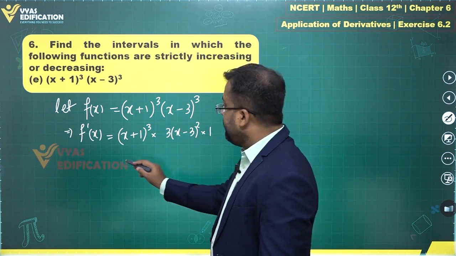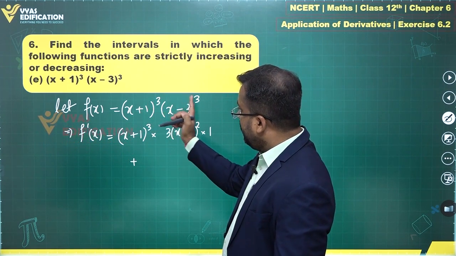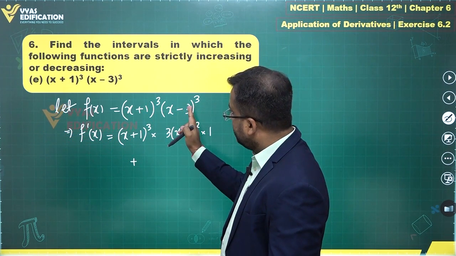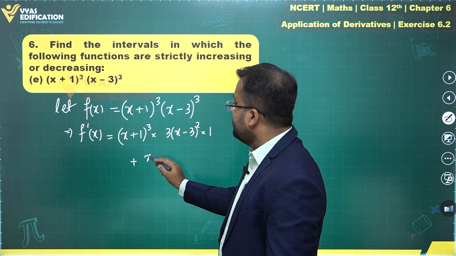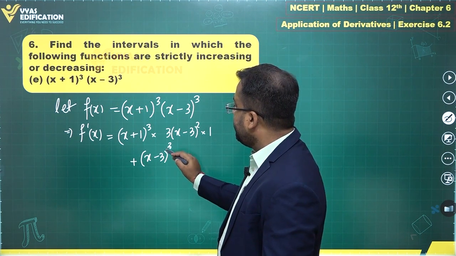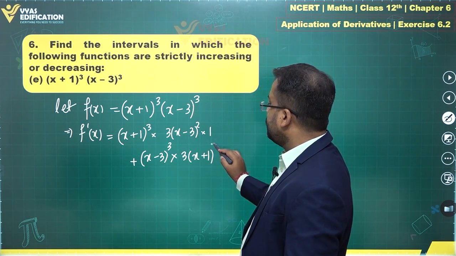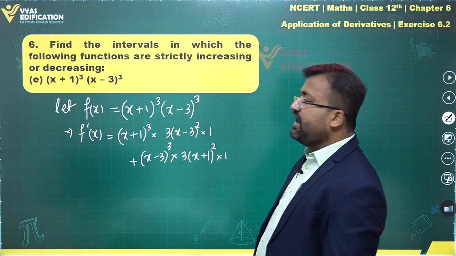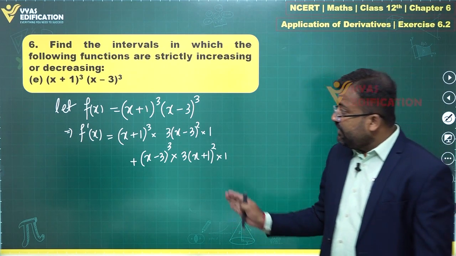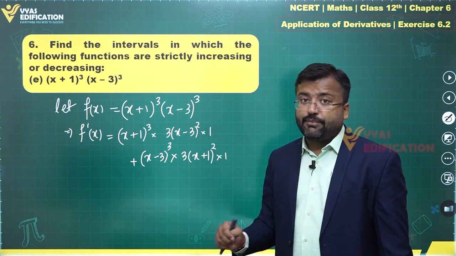The next term will be plus the derivative of this, keeping this constant. So (x minus 3) power 3 will remain as it is. Derivative of this will be 3 times (x plus 1) whole square, and the derivative of x plus 1 will be 1.